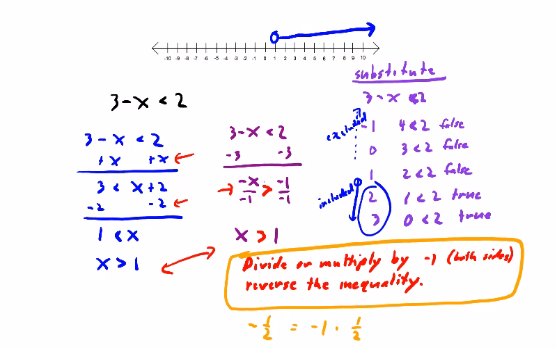If you multiply by negative 1/2, you could do the division by 2 and reverse the inequality when you divide by the negative, or multiply by the negative. So remember to do that when you're working with an inequality. With an equality, it doesn't matter because switching the left and the right side of the equation doesn't change the balance of the equality.